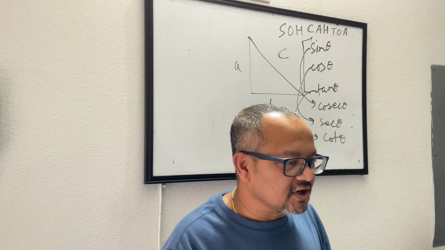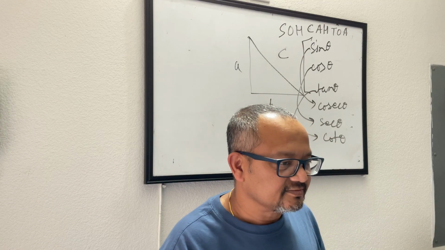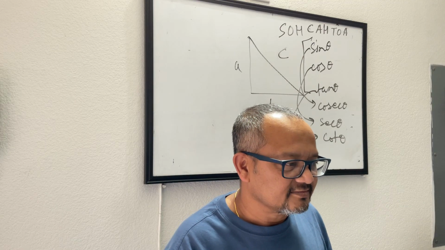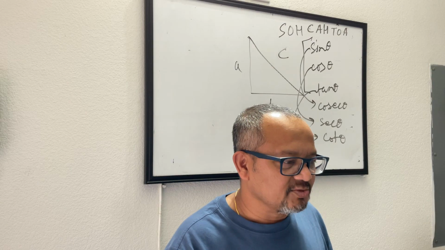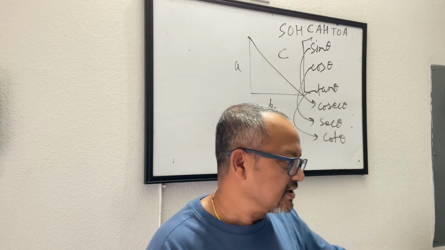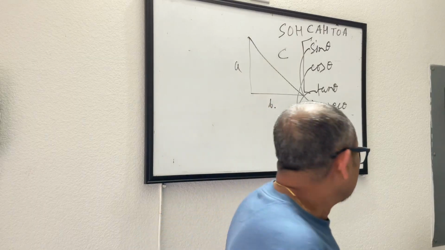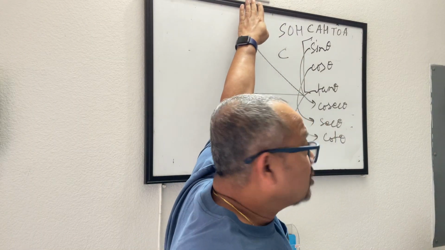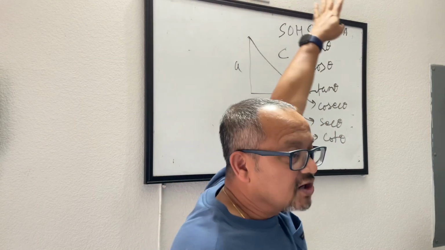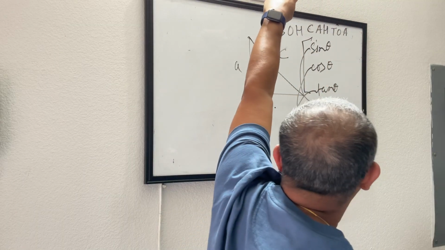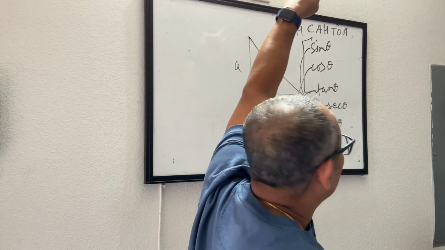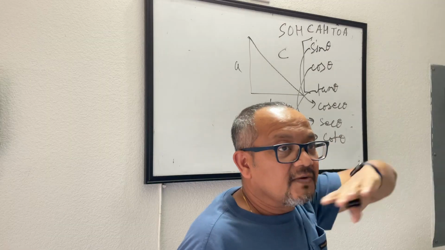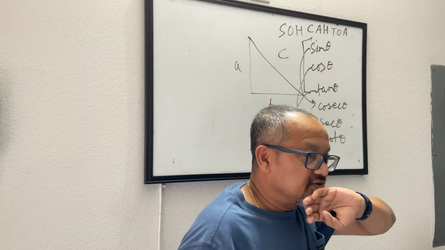Anyone in the class who is not aware of what SOHCAHTOA is? So I'm assuming everybody is aware of it. Clear? Okay, I'll still repeat it. SOHCAHTOA is a short form, an acronym for representing trig ratios.